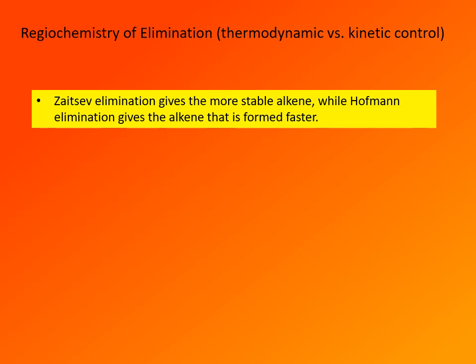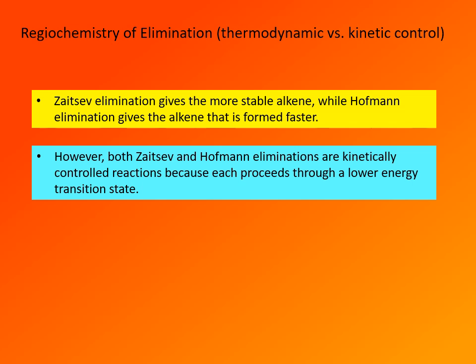In summary, Zaitsev elimination gives a more stable alkene, while Hofmann elimination gives the alkene that forms faster. Now, while it would appear from that summary that Zaitsev elimination is thermodynamically favored and Hofmann is kinetically favored, that's not true.